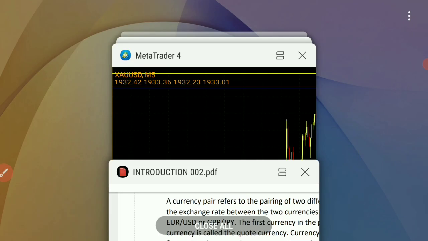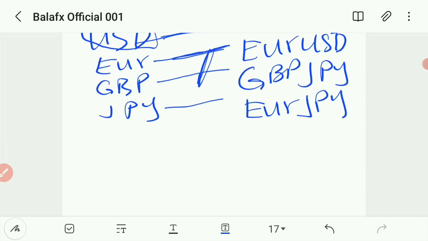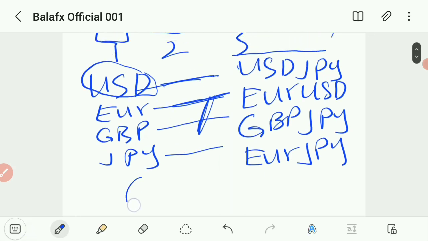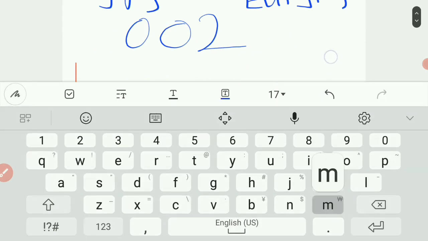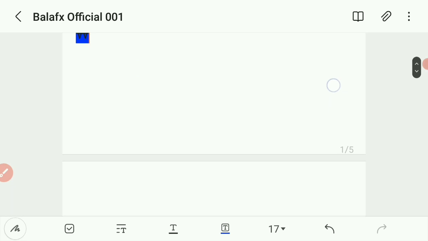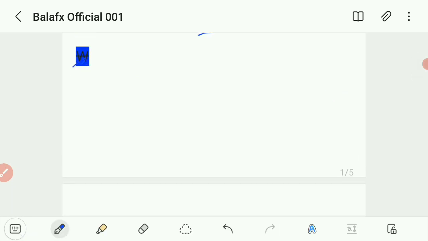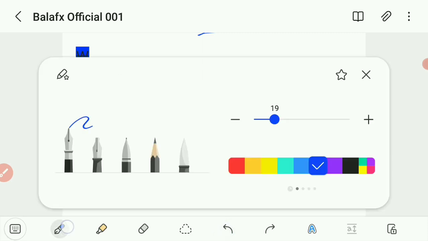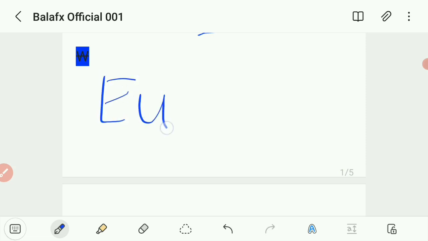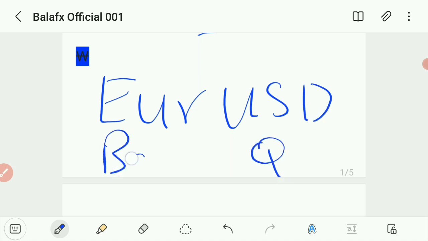Let me say, like the Euro, USD. So this is the quote currency, while this is the base currency, because you are trading euro against the US dollar.